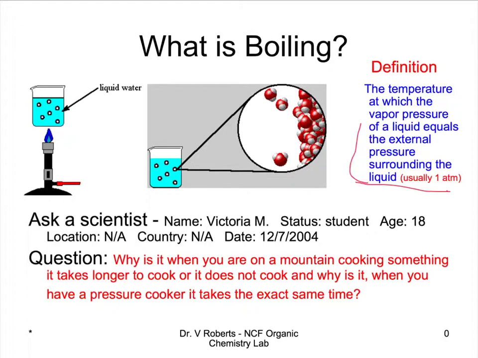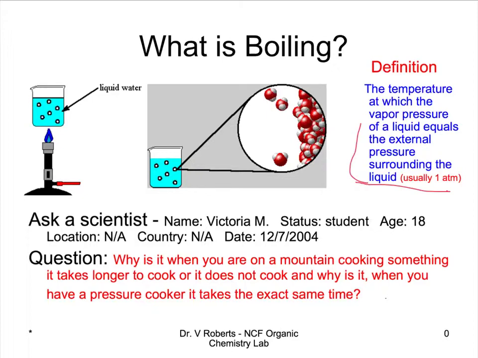Why is it when you are on a mountain cooking something, it takes longer to cook, or it doesn't cook at all? And why is it when you have a pressure cooker, it takes the same time? Well, let's think about that for a minute. If we go up a mountain, the pressure decreases, and so the liquid, let's say we're boiling pasta, the water doesn't get to its boiling temperature of 100 degrees Celsius.